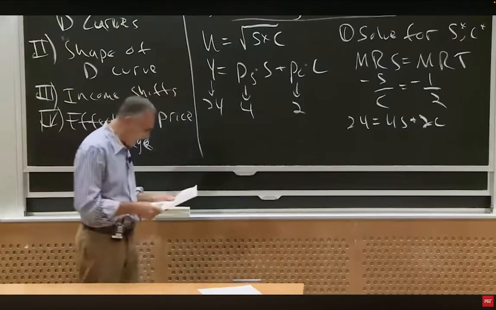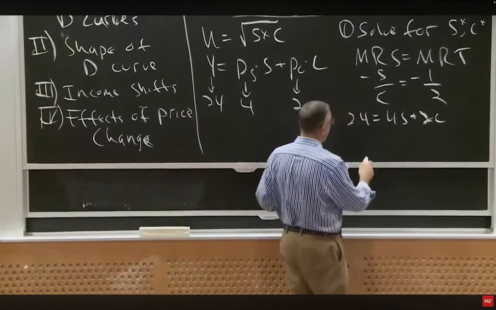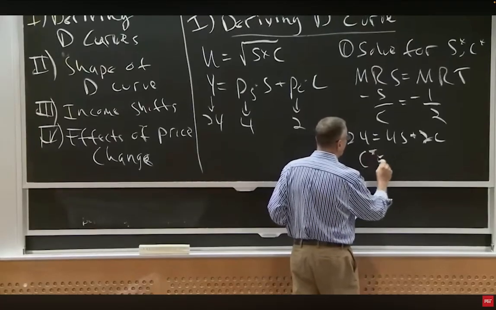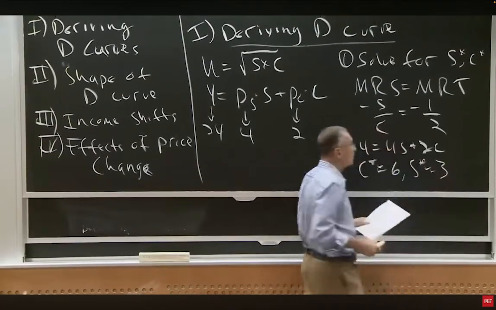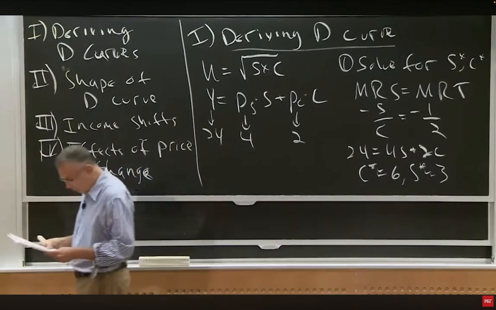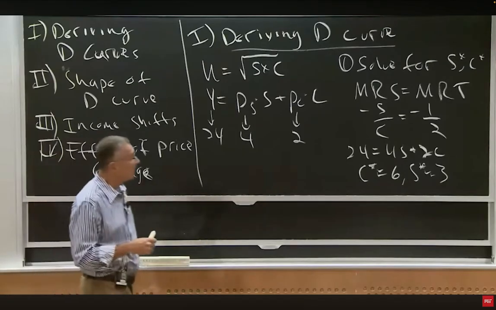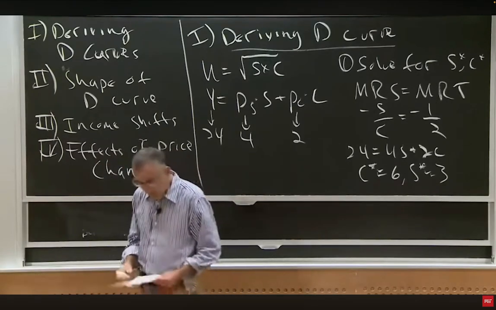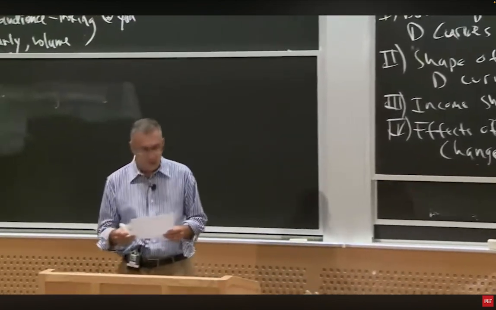Okay, we know how to do that. We solve that, and we get that C star equals 6 and S star equals 3. Okay? So that is illustrated in the top panel of figure 1.